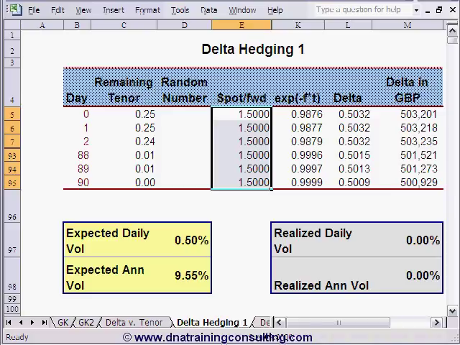We also specify for Excel that we would like a daily volatility in the simulation of 0.5% in this particular instance, appearing in cell D97.